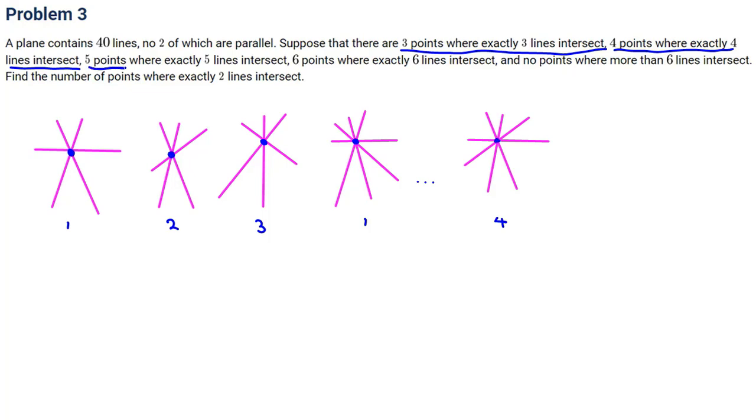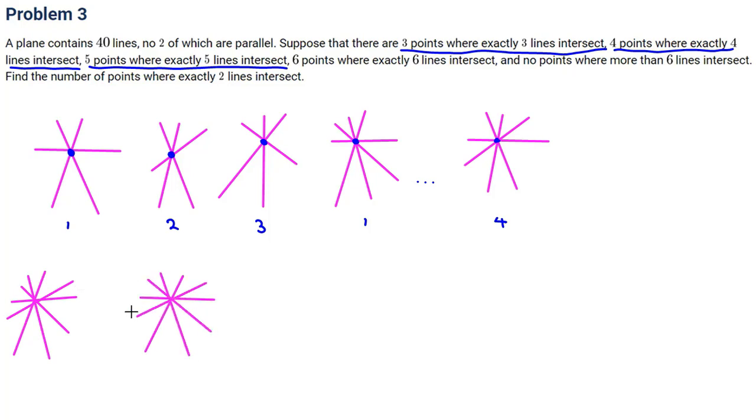Then the next one, 5 points where exactly 5 lines intersect. So you say 1, 2, 3, 4, 5.